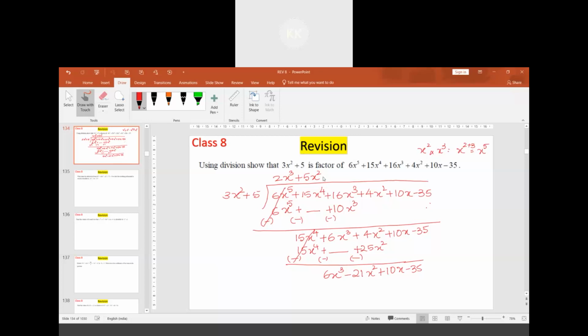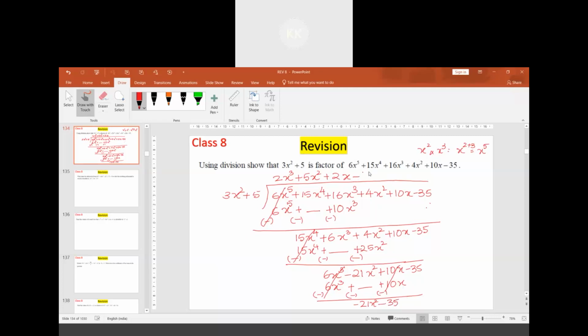Now we need to consider plus 2x times 3x square, it becomes 6x cube. Then the x square term will be missing. Then plus 10 times x. Now let's change the sign. This gets cancelled. We'll be having negative 21x square. This term also gets cancelled, minus 35.